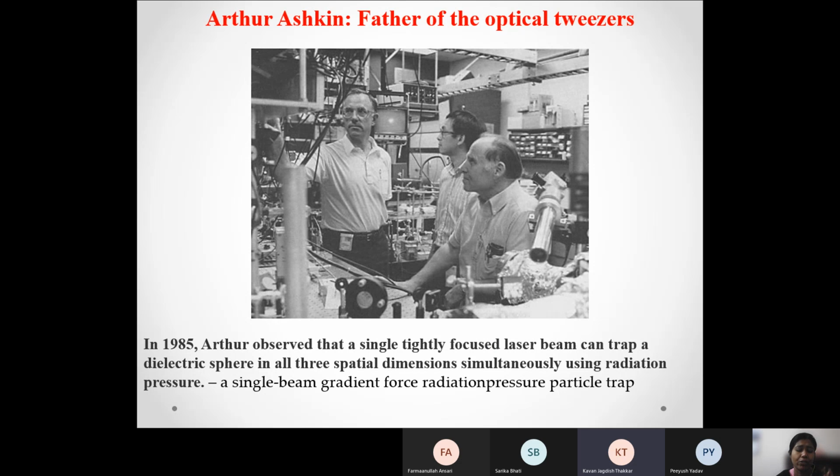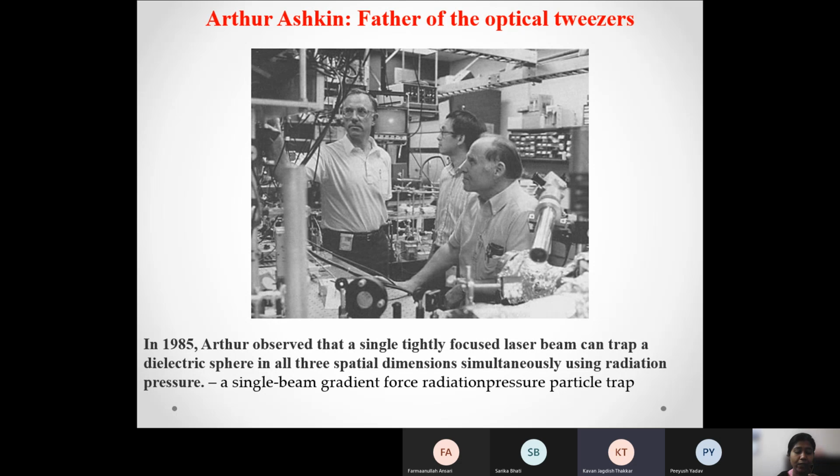So here was Arthur Ashkin, you can see him here, and he was studying how matter behaves in the presence of laser. At that time, the whole field of laser was in its infancy, and people were trying out multiple things with laser. Arthur Ashkin went into the field trying to understand how matter behaves in the presence of laser.